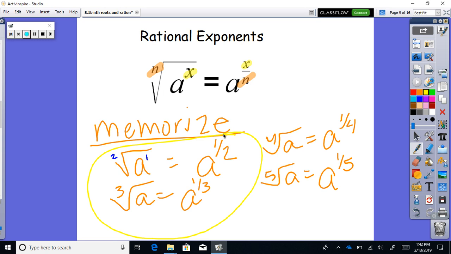Anytime you see a square root, you should know that's the same thing as a 1/2 power. So if I said, what's 16 to the 1/2 power? You'd know that's the same thing as the square root of 16. You'd be able to tell me it's 4. Something like that. Being able to recognize you can go back and forth between these two forms is going to be the goal for this unit.